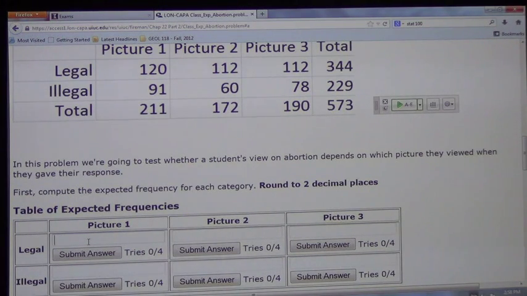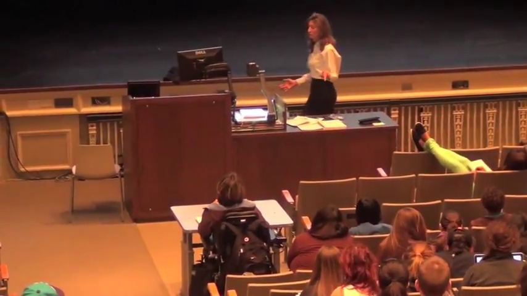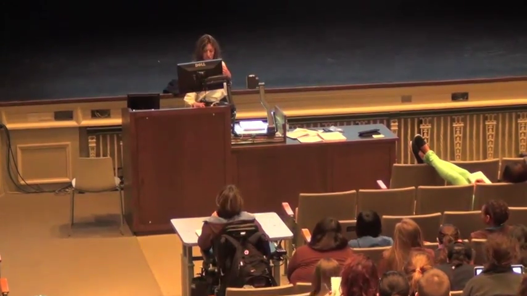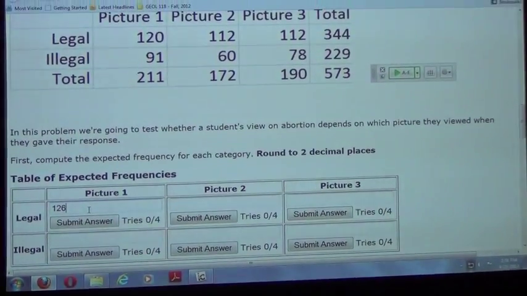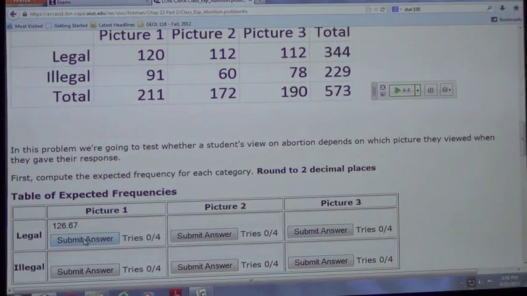Do you want to do this problem to see if it's right? Right here? No. Okay. I don't have a calculator, so I can't unless somebody gives me the answer. 126.7. I'm just going to do this one part. I just want to see if it's working. 126 point what? 0.667. Let's just make sure you understand how to do this.